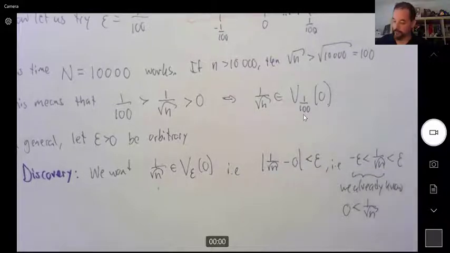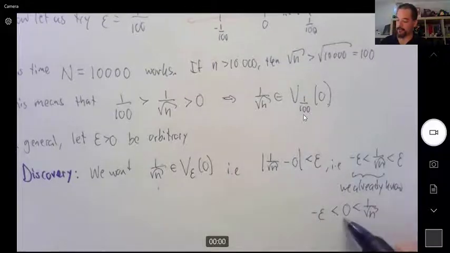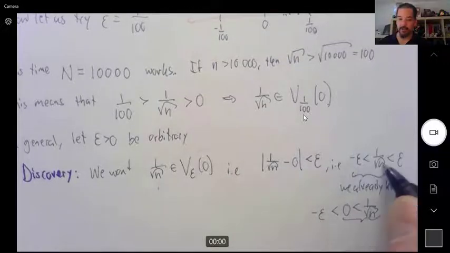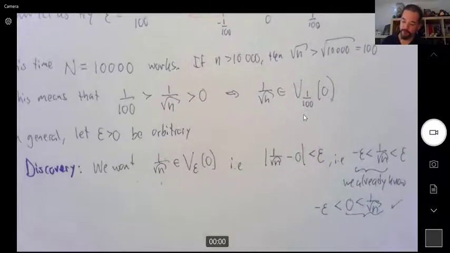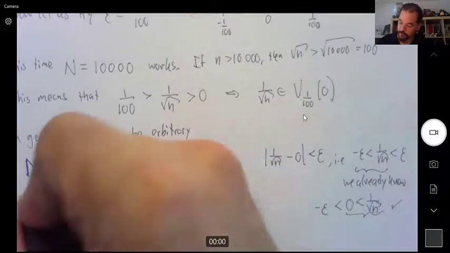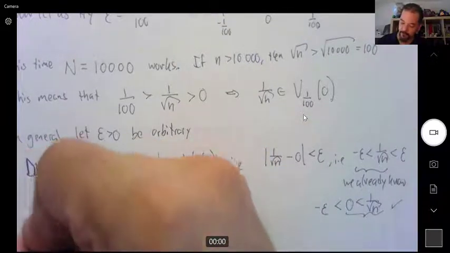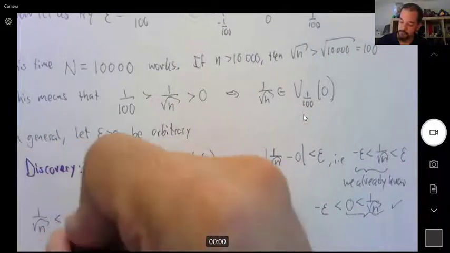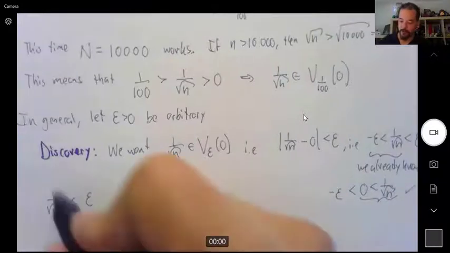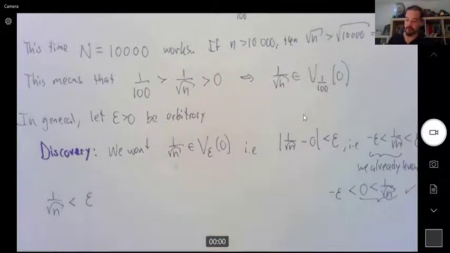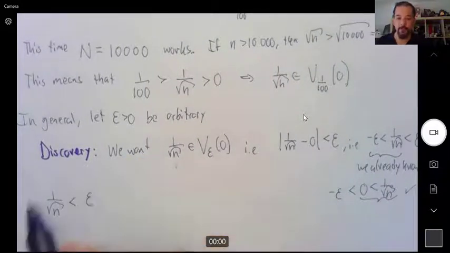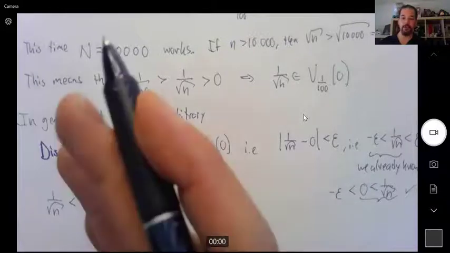So that one we get because 0 in turn is bigger than negative epsilon, because this is a negative number. So thanks to this one, we're done with the left side. The problem is the right side. What we really want, the one that has the meaty part of the argument, is this one, 1 over root n less than epsilon. So what n would make this work? And here's what you can do.